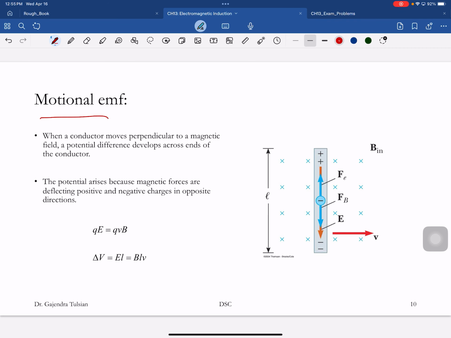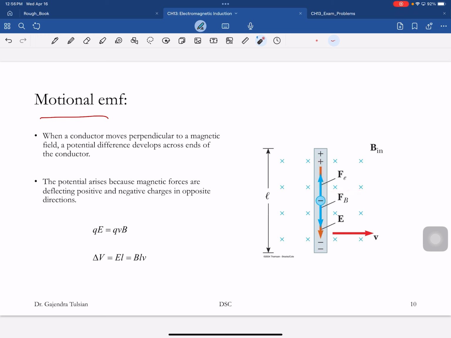And now we'll talk about a sort of related phenomenon, motional EMF. Now what we're going to do is the following. Instead of changing a magnetic field, we're going to have a steady magnetic field and take a conductor and move the conductor.